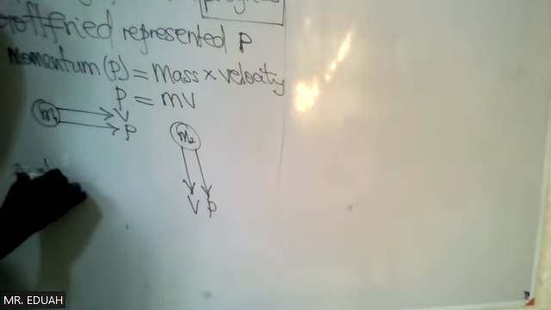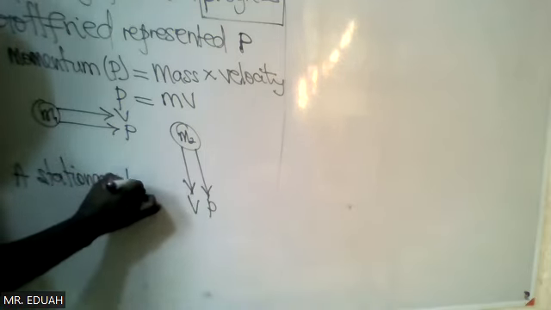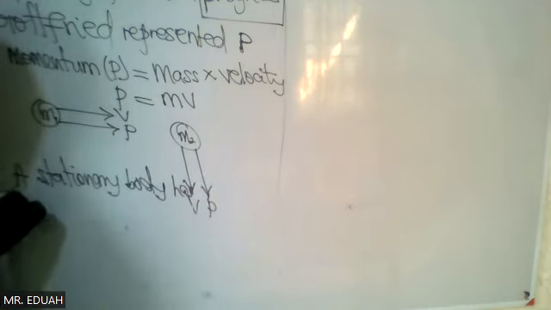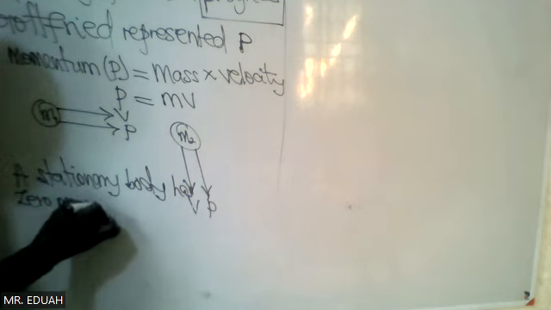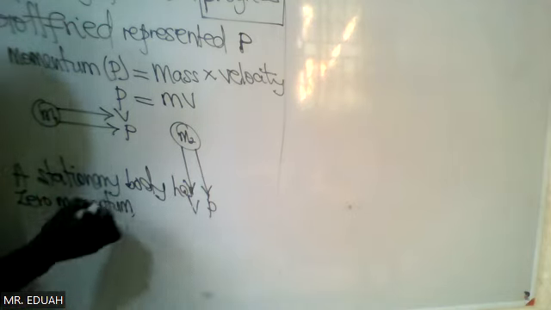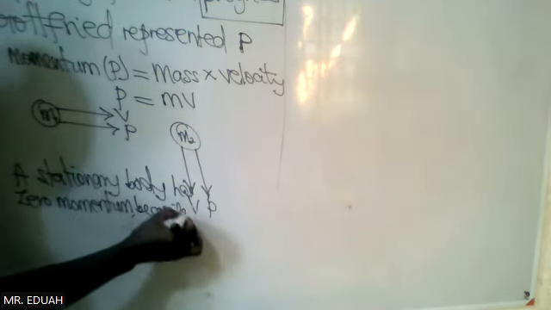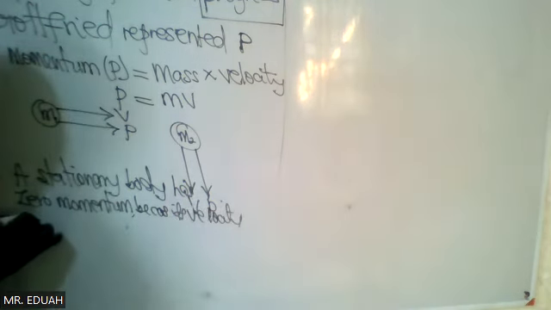A stationary body has zero momentum because its velocity is zero.